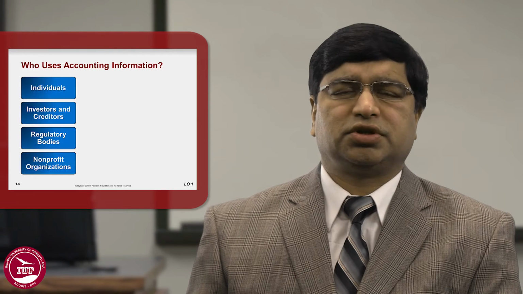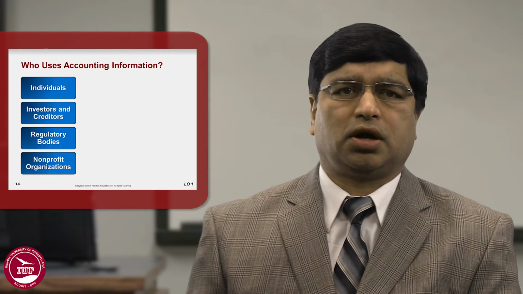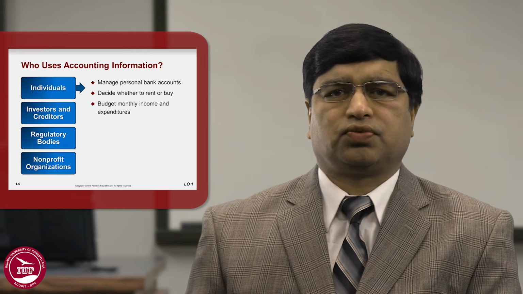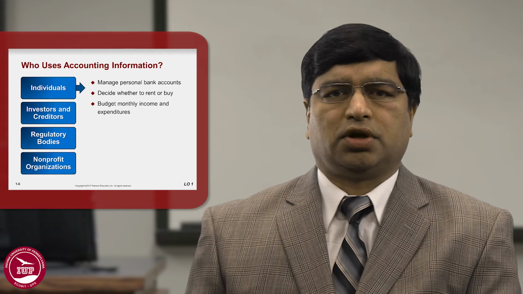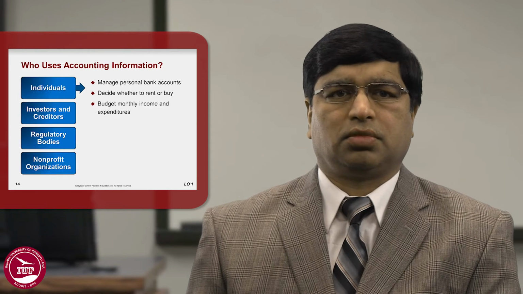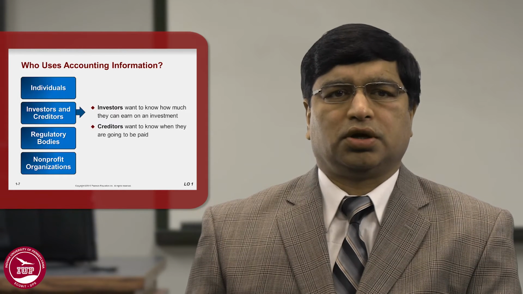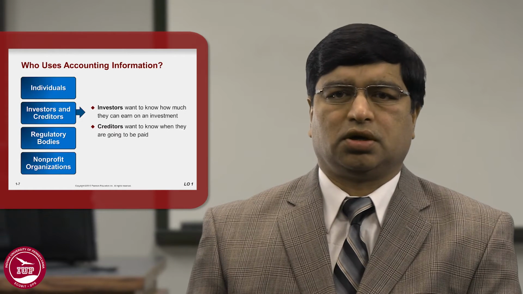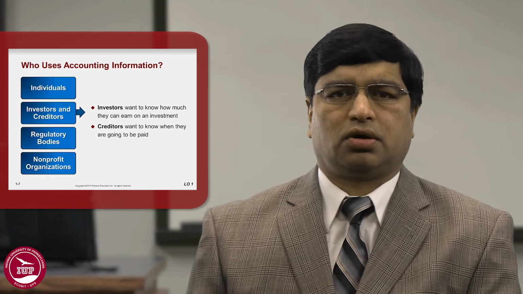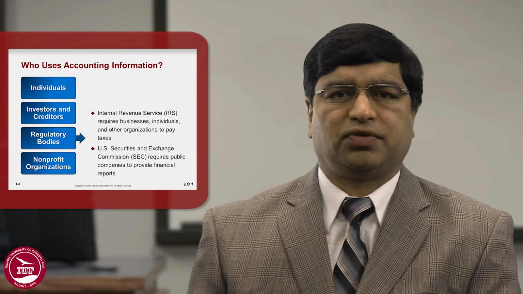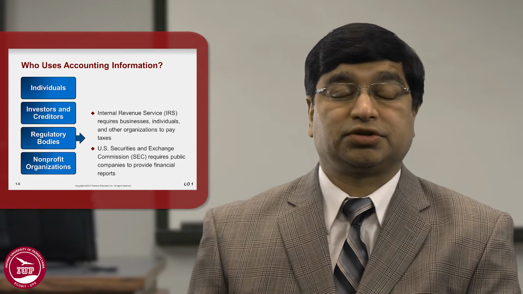Next is who uses this information which is communicated by accounting. First is the individuals. They need this for whether to rent or buy or budget monthly income, or it is used by investors and creditors. Investors want to know how much they can earn on an investment, or creditors who want to know when they are going to be paid and if they are going to be paid or if there are any risks.